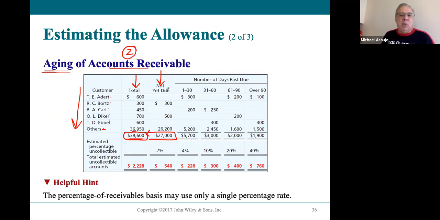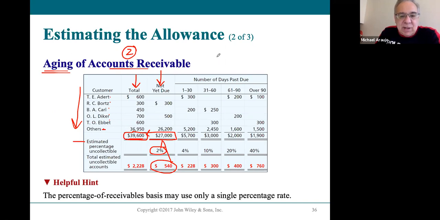So you're really not worried that most people are not going to pay. You think that actually most people are going to pay. But you need to estimate. And so here, look, they've estimated that 2% of the folks who they've just extended credit to are likely to not pay. That's the allowance they're doing. So this $540 is 2% of the 27,000, and that's what they've decided.